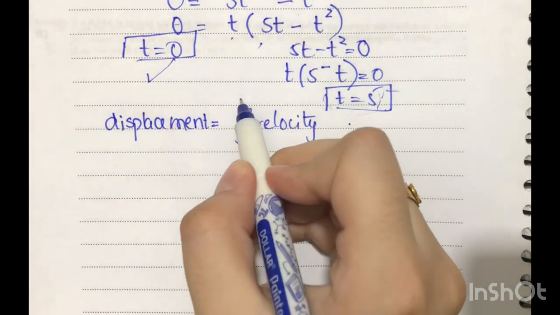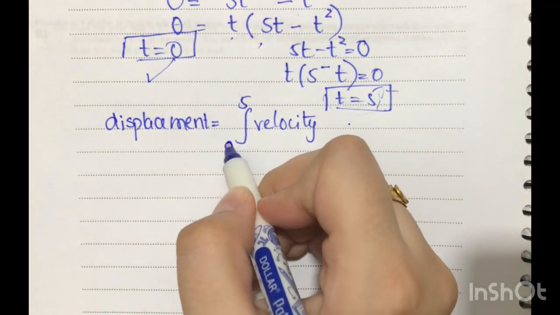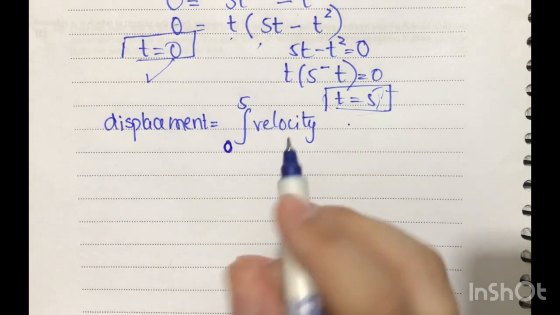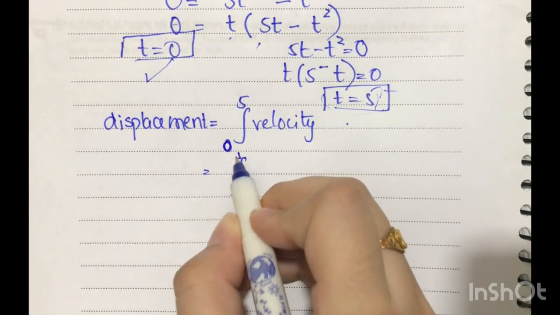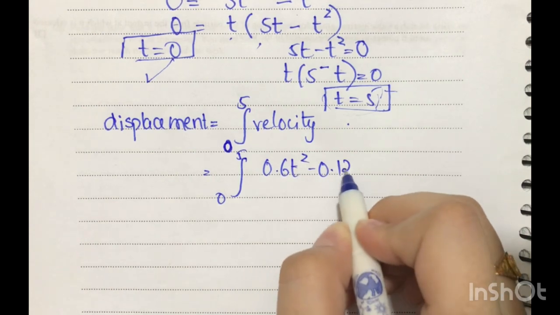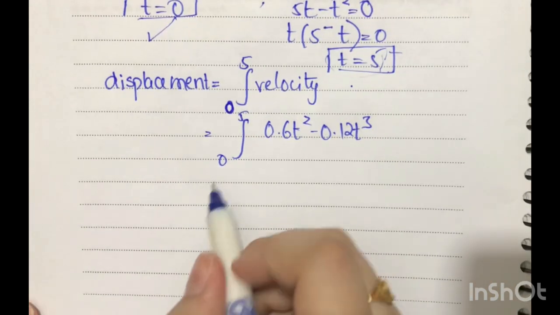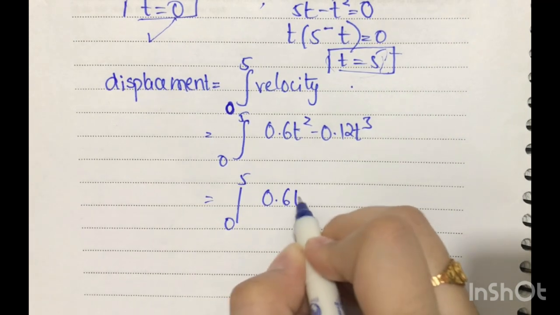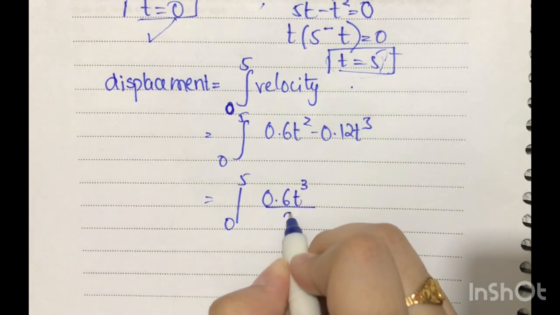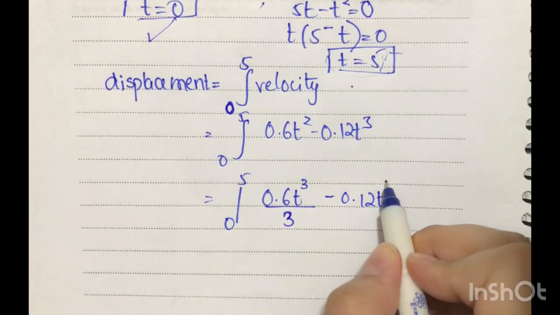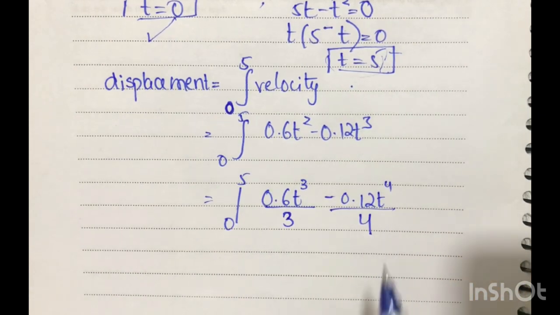The limits will be 5 and 0, since we need the displacement for the first 5 seconds. When we integrate this, we'll have 0.6 t cubed divided by 3 minus 0.12 t raised to power 4 divided by 4.